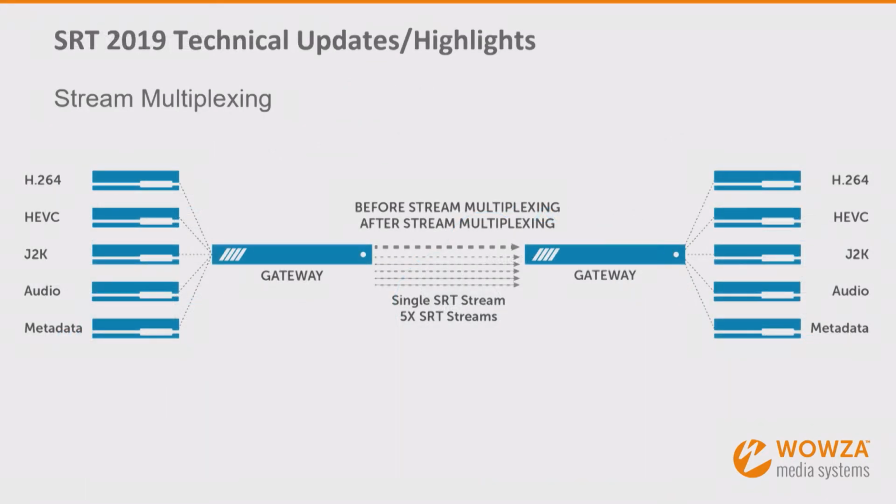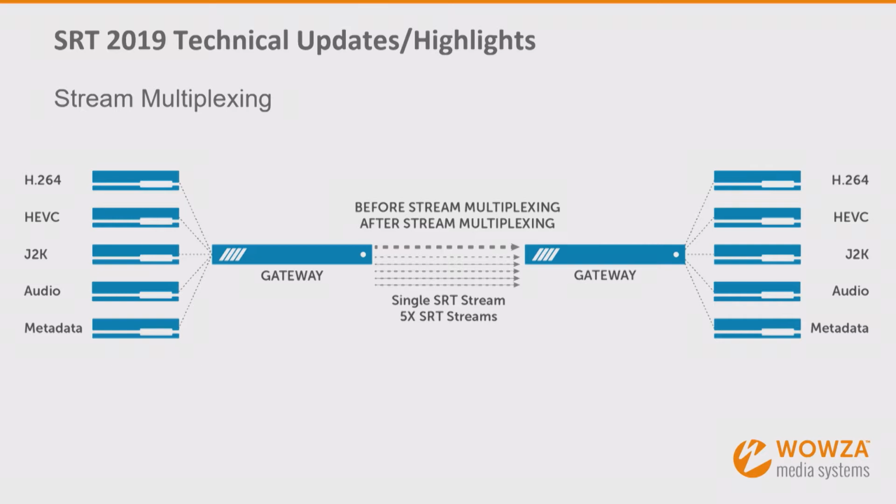Now technical highlights and roadmap. What are we doing? Where's it going now? One of the key things introduced with SRT 1.3.1 was the notion of stream multiplexing. This is very useful where you want to send different formats or different streams from point to point, and potentially you can only have access to a single port or a single UDP channel.